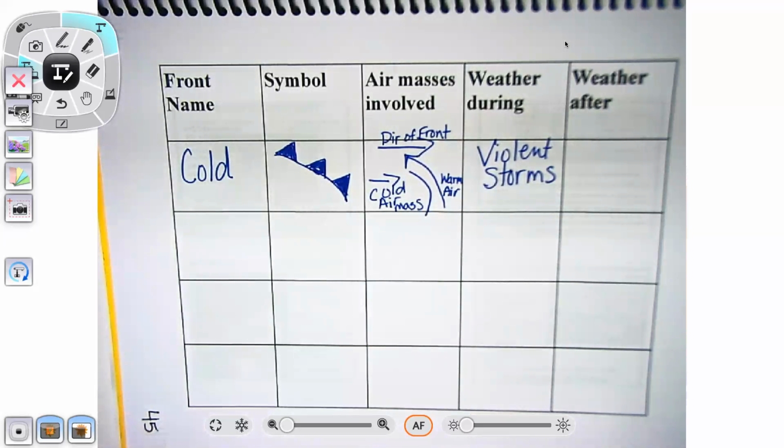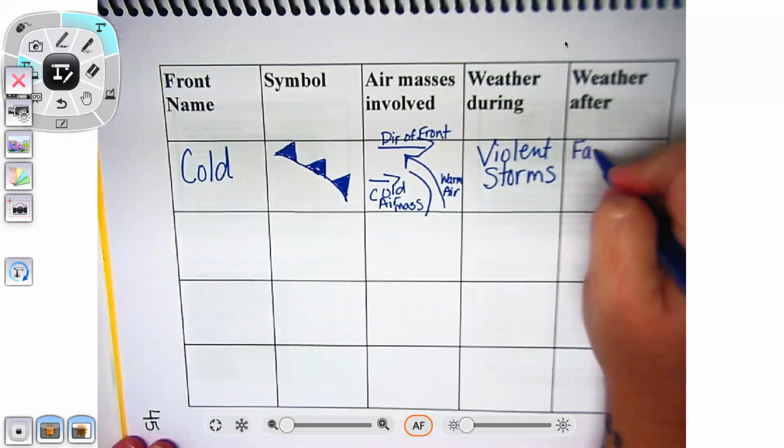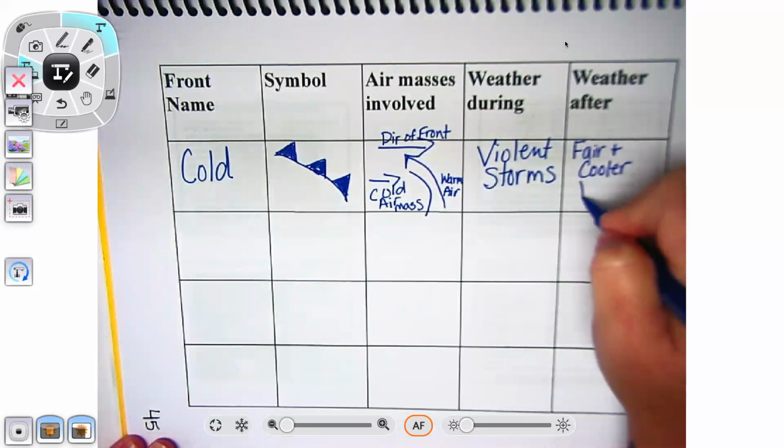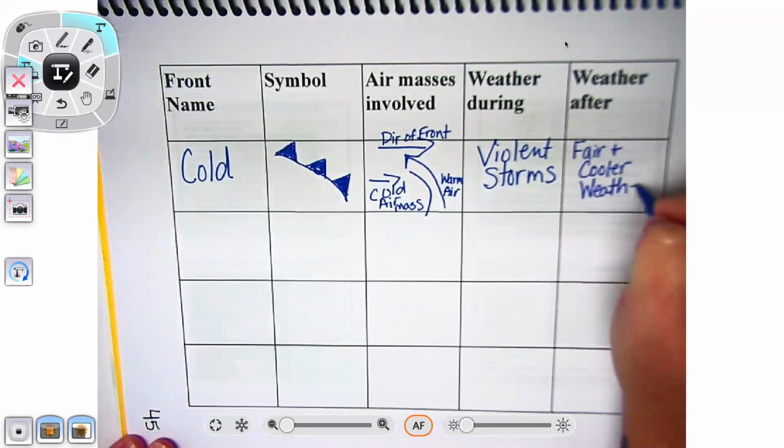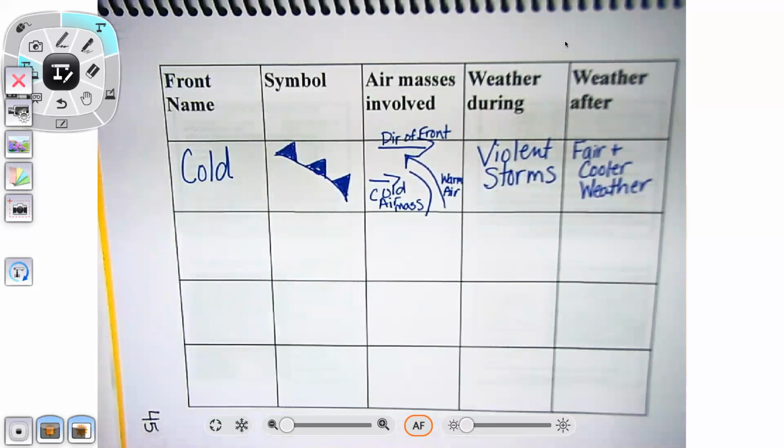Then, after those violent storms come through, we'll have fair and cooler weather. Like after the storm, if it's really hot and really sunny out, we have a storm, then that storm goes through and it makes the air cooler. So that is about the cold front.